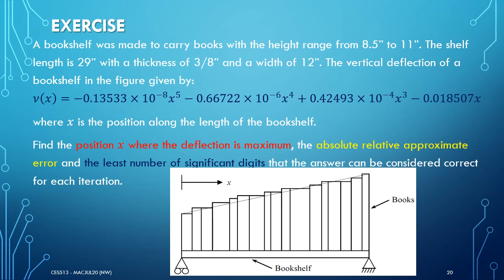Please refer to the lecture notes, which have the full version of the question. You need to find the position x where the deflection is maximum, the absolute relative approximate error, and the least number of significant digits that the answer can be considered correct for each iteration.